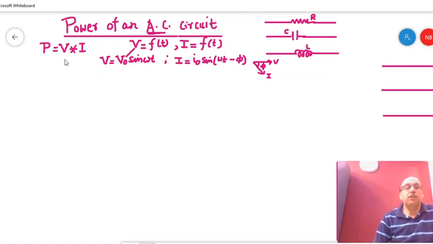So the power across the AC circuit on the appliances is the instantaneous power. And the instantaneous power is V instantaneous into current instantaneous.